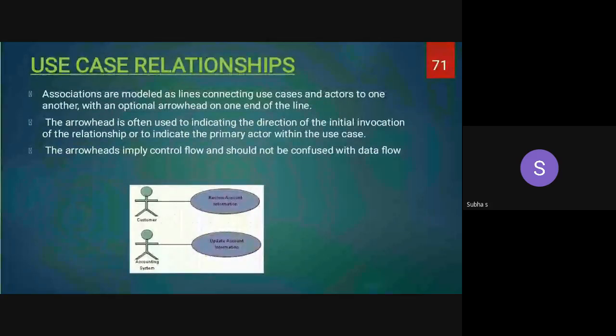The arrow mark is often used to indicate the direction of the initial invocation of the relationship, or to indicate the primary actor within the use case. It implies the flow of control and should not be confused with the data flow.